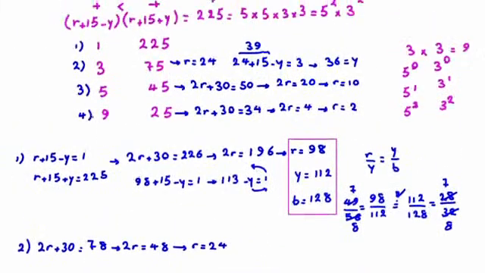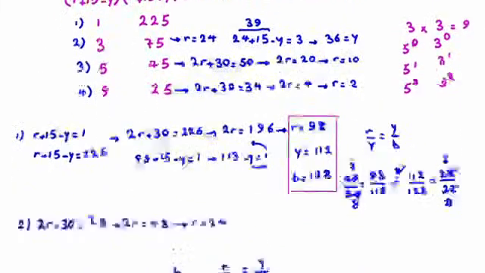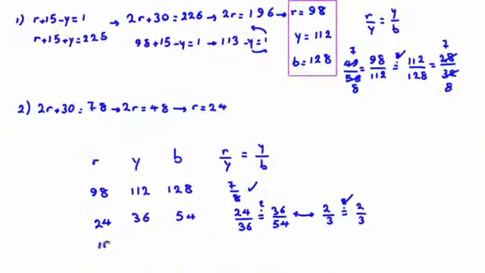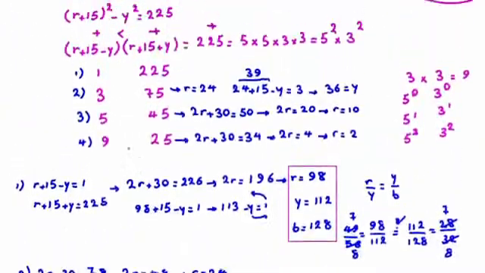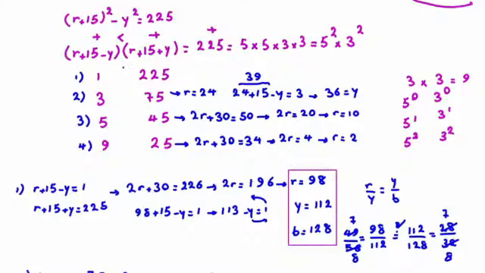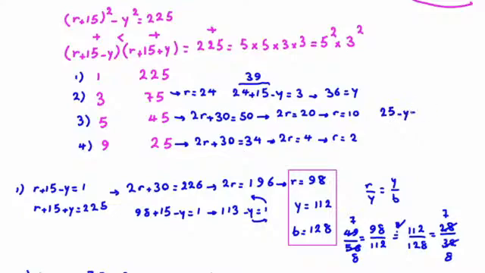Let's consider case 3. Case 3, R is 10. So let's write R equals 10. Now, for case 3, let me erase this part. R is 10. So 10 plus 15, 25, minus Y equal to 5.